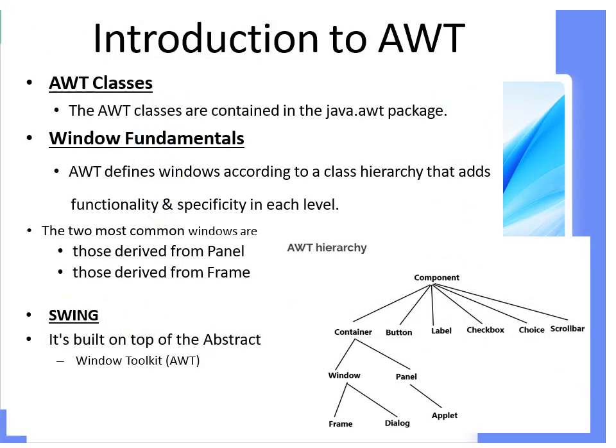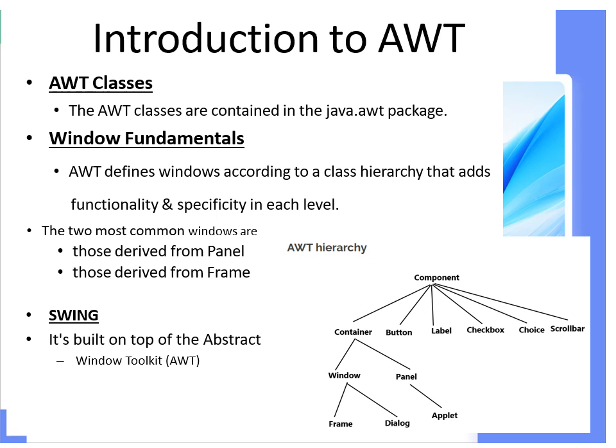AWT and Swing are two Java libraries used for creating graphical user interfaces in Java. The AWT classes are contained in a single library file named the java.awt package. Swing is another Java library which also supports the graphical user interface, built on top of the AWT and provides a more comprehensive set of GUI components and features.